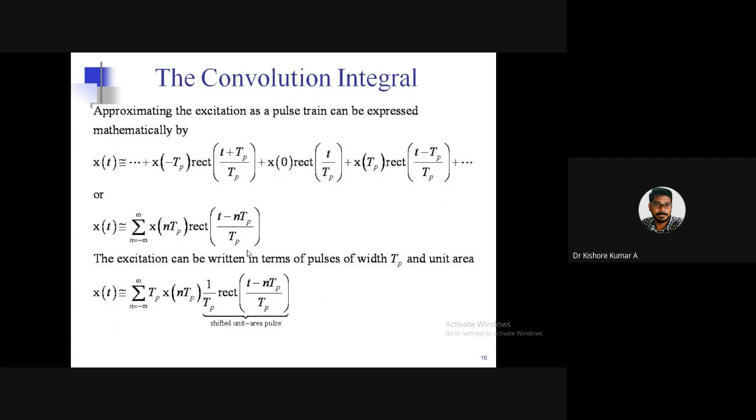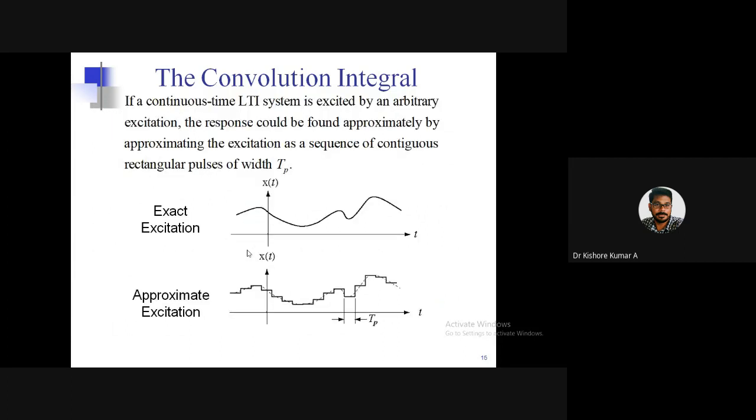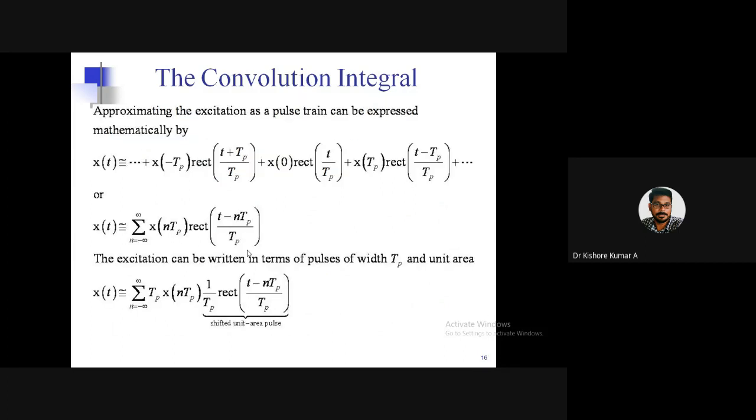The convolution integral can be written in terms of pulse width tp along with the unit area. In the second half of the equation, the shifted unit area pulse is represented: 1 divided by tp, rect of (t minus n tp) by tp. For this period, we have obtained the convolution integral.